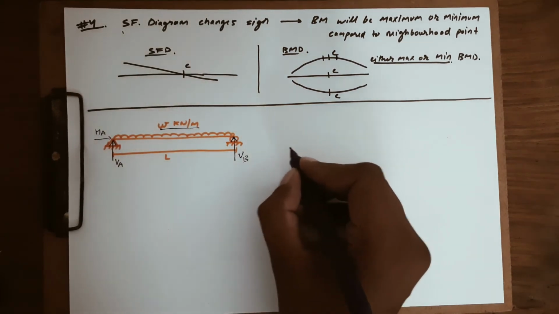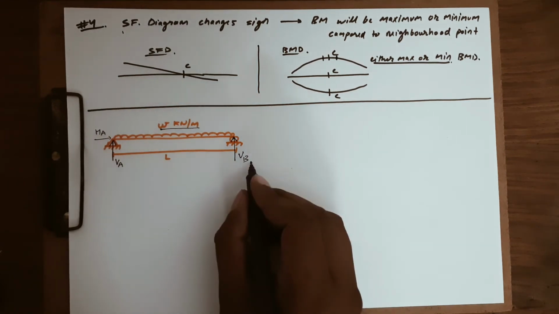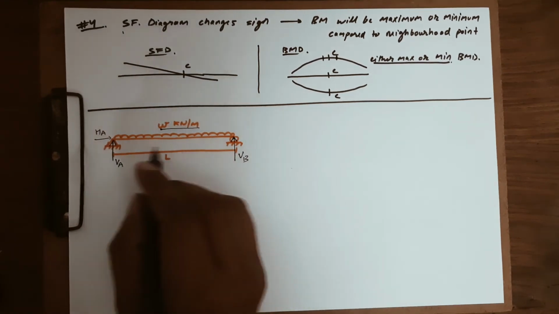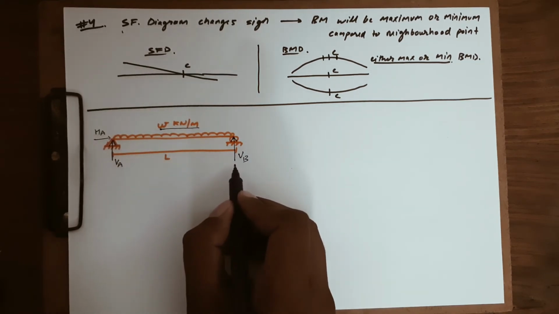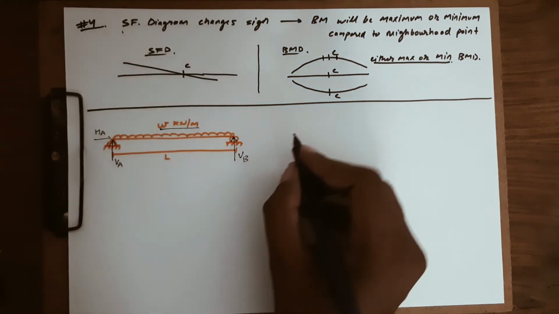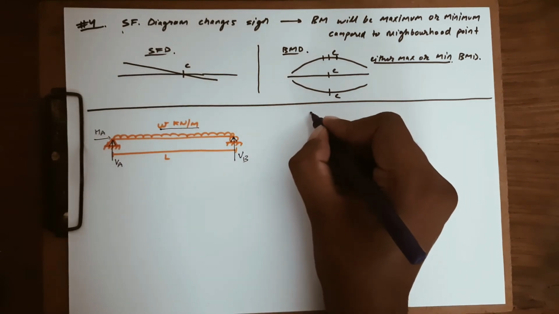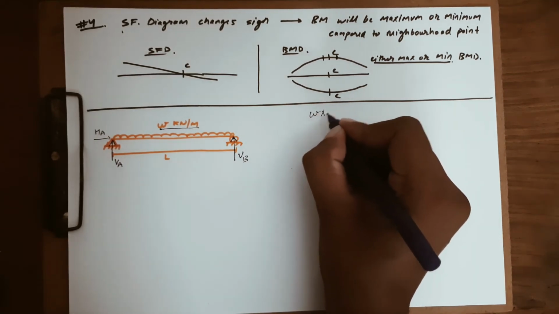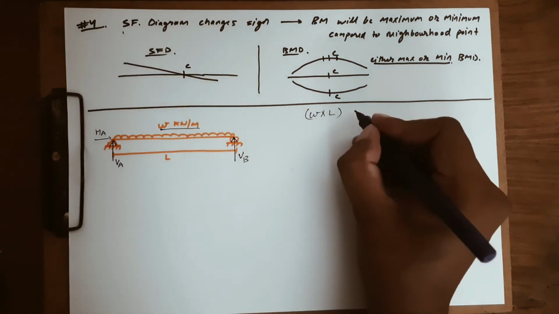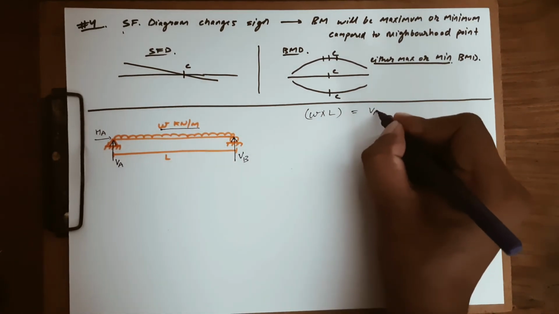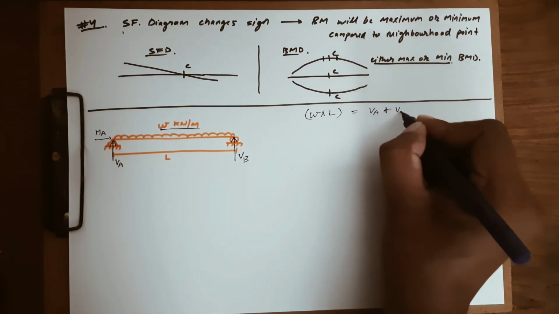So our first step is to find the support reactions VA and VB. As this beam is symmetrical, we can say that VA is equal to VB. Now what is the cumulative force? Here the cumulative force is W into L, acting downward, and the upward force is VA plus VB.